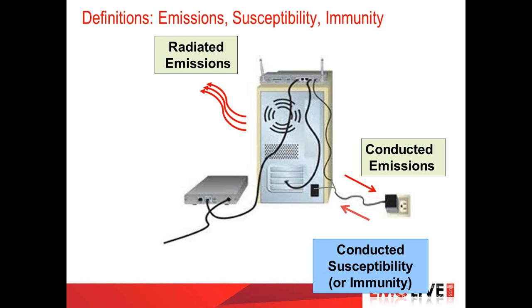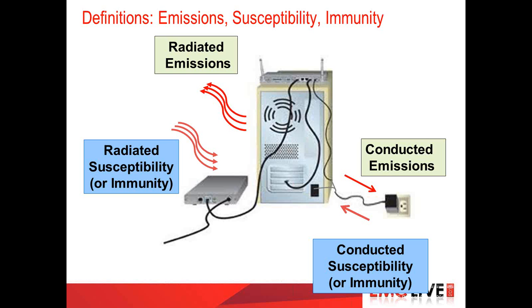Radiated susceptibility, we'd be using some sort of antenna coupled to a power amplifier to bombard our device. And conducted susceptibility, we're actually injecting a signal into the cable, maybe the power cable, and then seeing how this device reacts. Ideally, this device wouldn't react, but in some cases it will, and we need a way to monitor that.